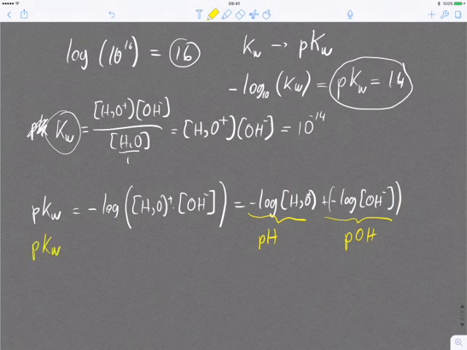So the definition of a pH is the minus log of the concentration or activity of the H plus in solution. H plus in solution is always the hydronium ion, but you will see that from now on we will simplify. We will not always write H3O plus, but H plus.